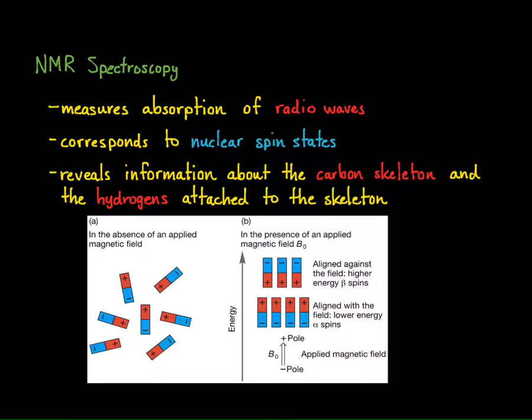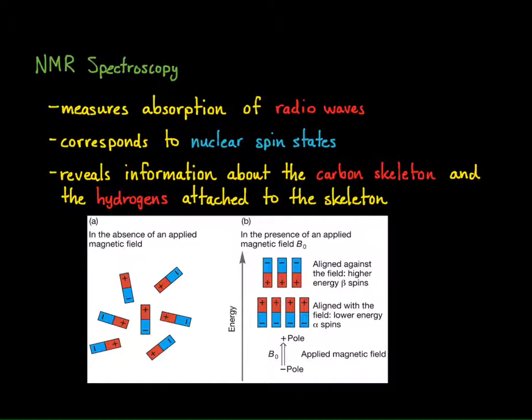Now, what's happening? The theory of NMR spectroscopy, and I'm not going to get into great detail about it, but in essence, here's a little pictorial that can hopefully get you thinking about what's happening in that spectrum. If you look on the left-hand side, A, when we're looking at molecules, those molecules in the absence of an applied magnetic field are going to be randomly oriented relative to one another.